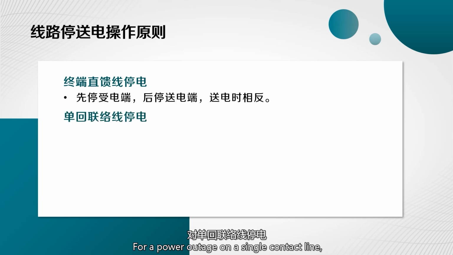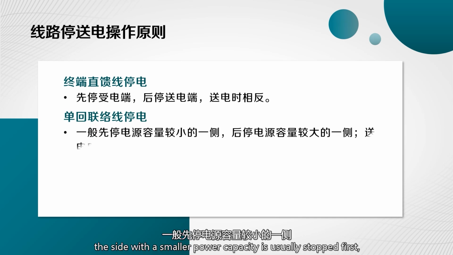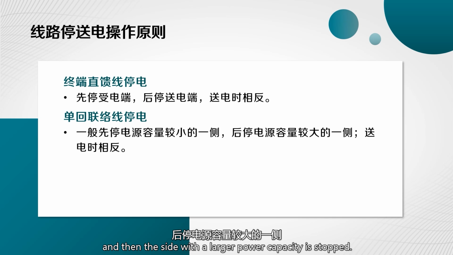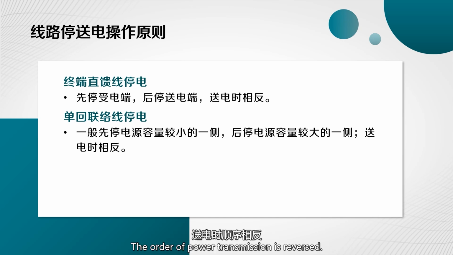For a power outage on a single contact line, the side with a smaller power capacity is usually stopped first, and then the side with a larger power capacity is stopped. The order of power transmission is reversed.